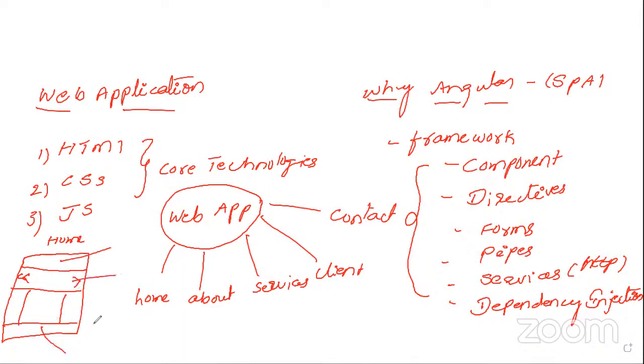Slider also you have to create as a reusable component. If you are not going for any framework architecture, so if you are using core technologies to build this kind of application, in the home page also we have to repeat, we have to duplicate the header, slide bar and footer. In the about us page also, the source code with respect to these three areas we should repeat in the about page, services page, clients page and contact page.